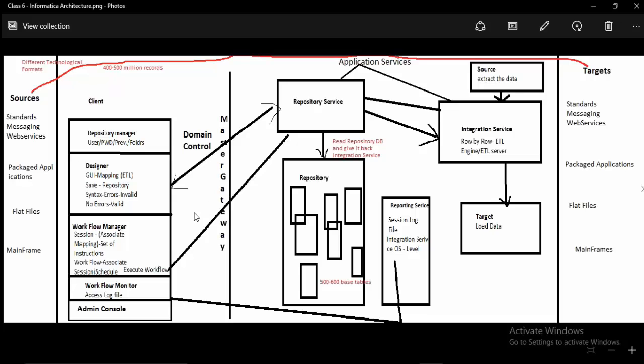That means it allocates memory so that it can balance the load, because Informatica extracts millions of records. In an ideal situation, it extracts 400 to 500 million records in a day. So it manages nodes and load balances within the nodes.